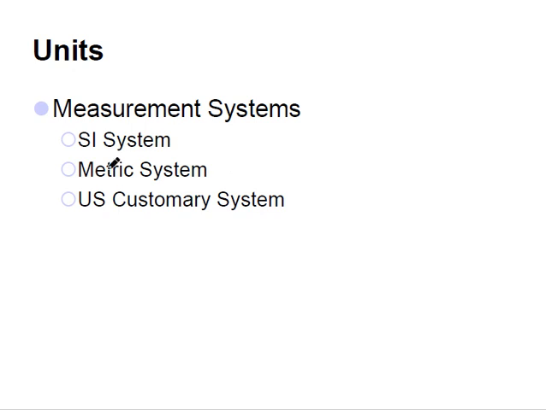Outside the SI system and metric system, even in the U.S. scientific community, we use these two systems. Companies depend heavily on the system they want to use. Anyway, these are three major measurement systems: SI system, metric, and US customary system.